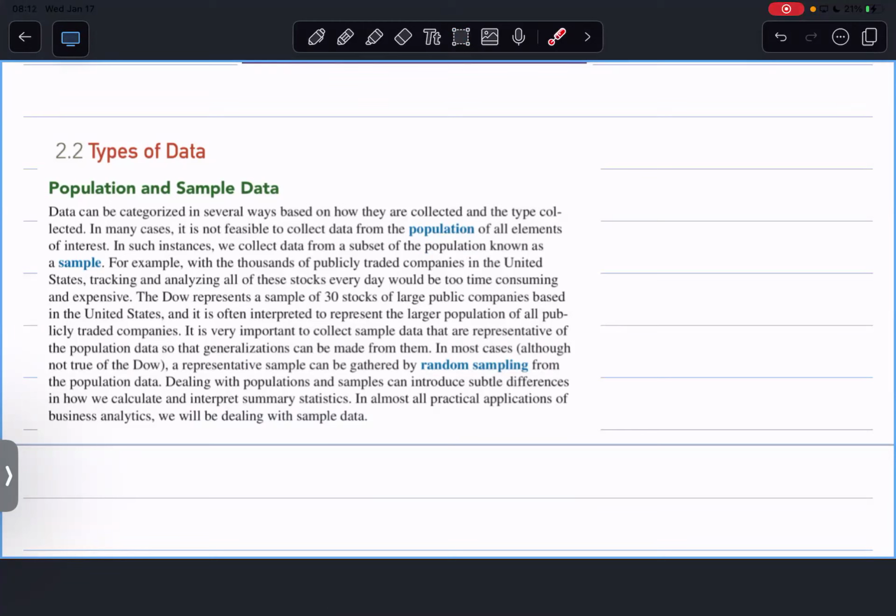So when we're analyzing data, we usually only have a subset of some population, right? So part of your analysis is going to be identifying the population that you would like to talk about.